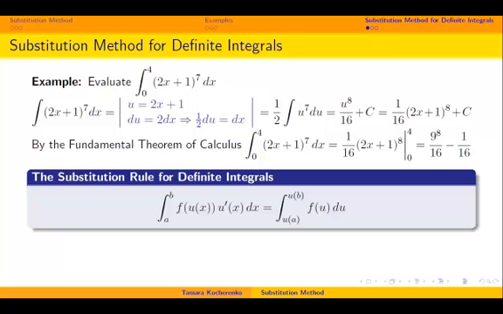The new limits of integration with respect to the u variable are u of a and u of b. Think about it this way. As x varies from a to b, the variable u of x varies from u of a to u of b.